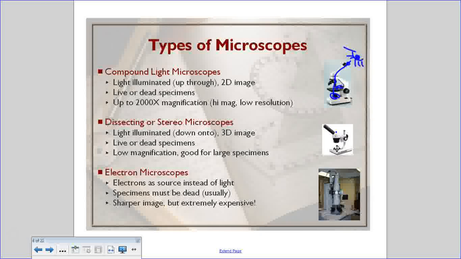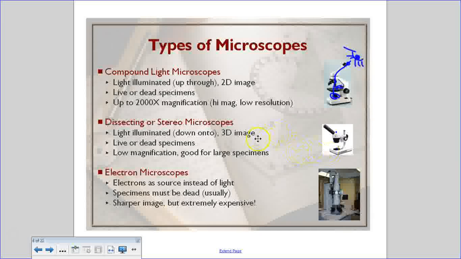Usually with the light microscope, you can see through it if it's something that's cut thin enough, like a piece of potato or a piece of carrot that was cut really super thin. But for a dissecting microscope, the idea is that you're going to look at the specimen and observe its features all over it.